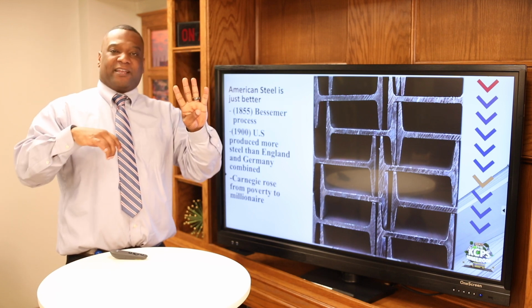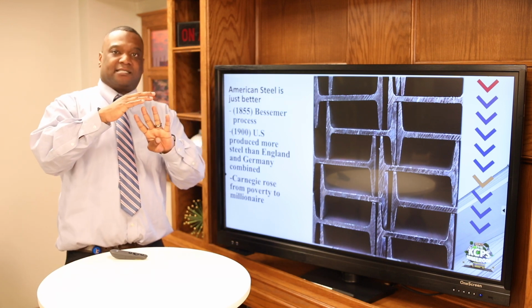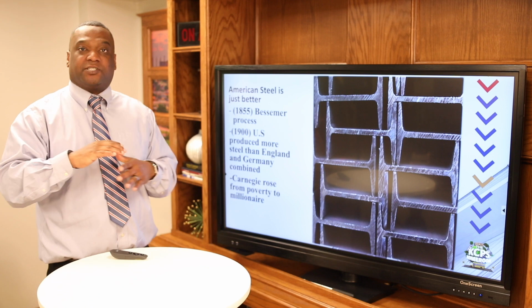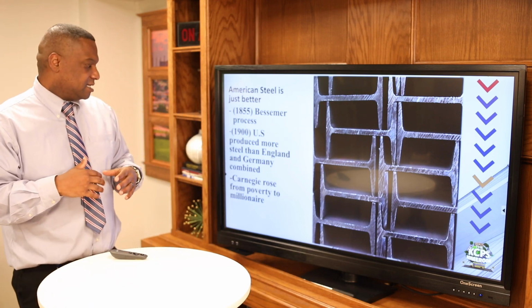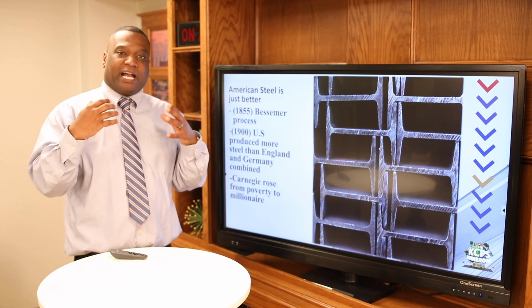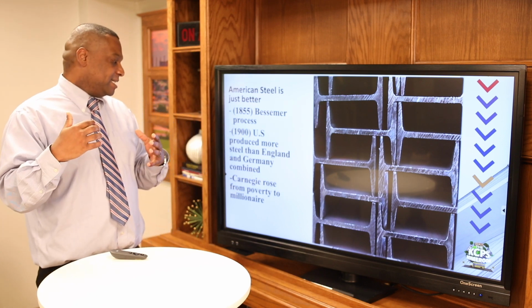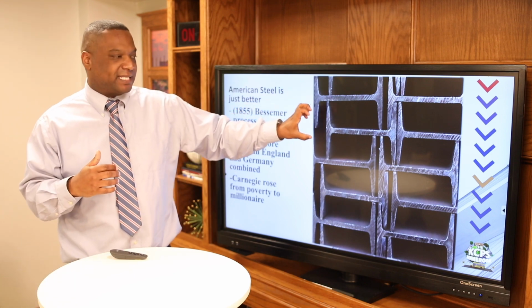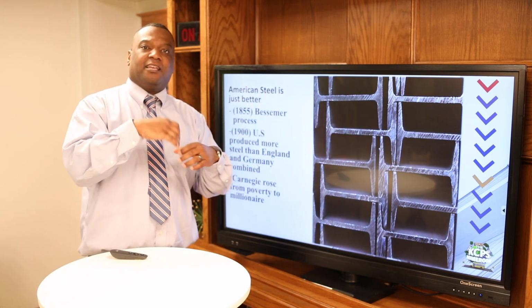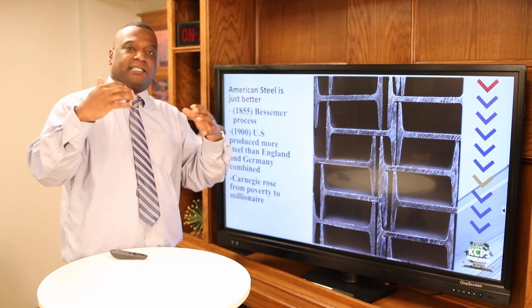We were number 4 in manufacturing by the 1860s. By the 1890s, 1900s, we're number 1 in manufacturing throughout the world. This helped Carnegie rise from poverty and become a millionaire. Again, they used a cheaper way to make steel and send it out to the world.